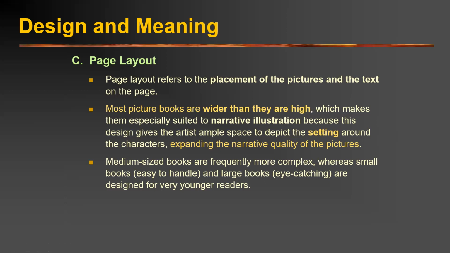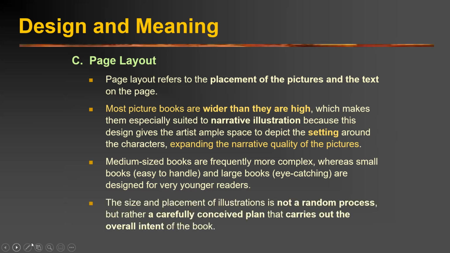and kung tatapon man nila, hindi sila makakasakit agad. And large books intended for the learners to be able to see it clearly. The size and placement of illustrations is not a random process, pinag-iisipan, but rather a carefully conceived plan that carries out the overall intent of the book.